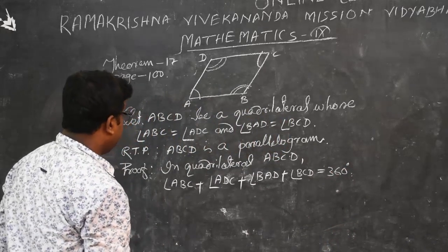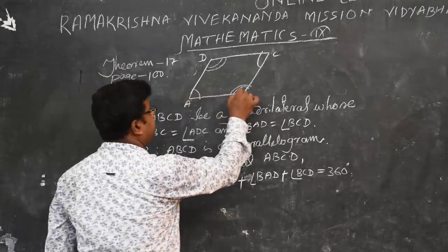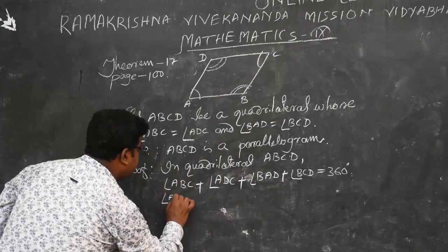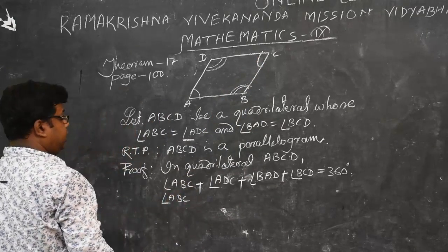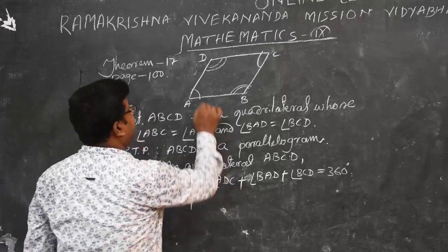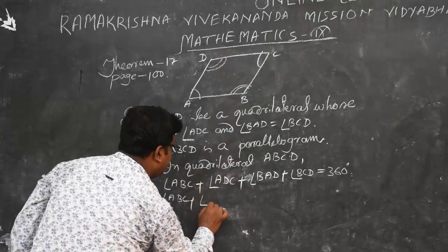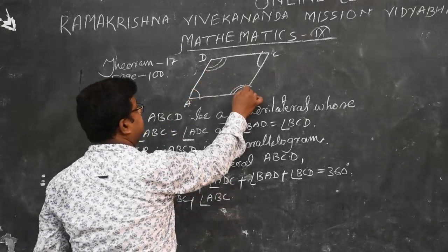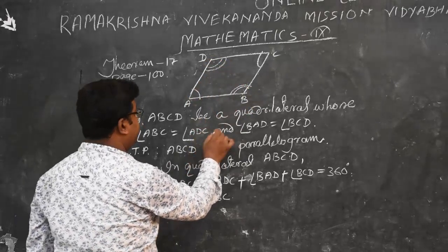So in ABCD, angle ABC plus, instead of ADC you can write angle ABC, because ABC equals ADC, it is given in the question.